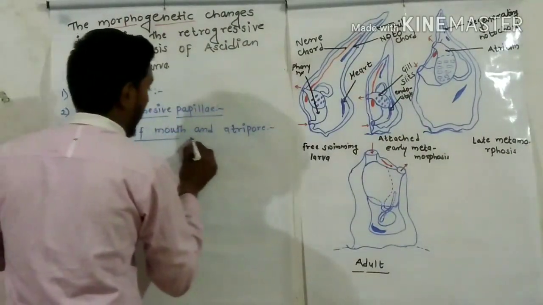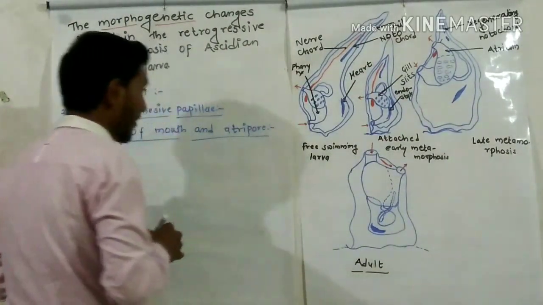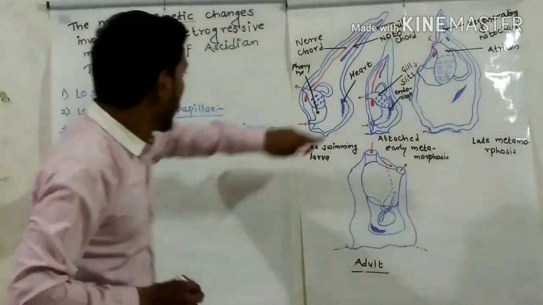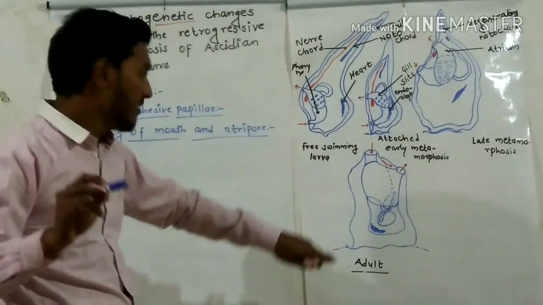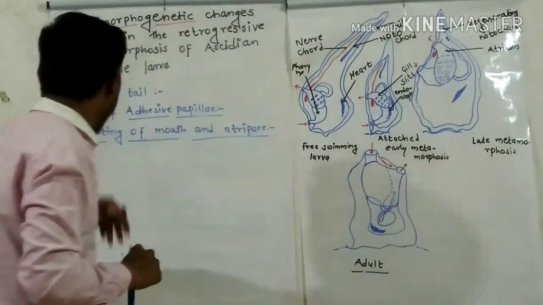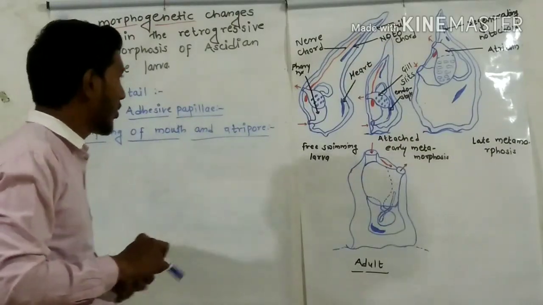Okay. Now in this point, you can see this diagram. This diagram is based on this third point, that is shifting of the mouth and the atriopore.